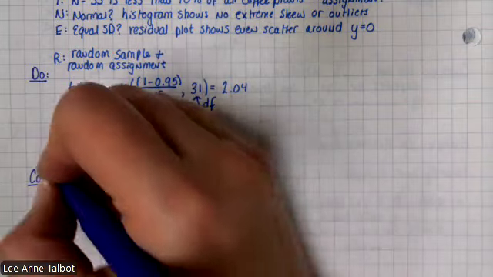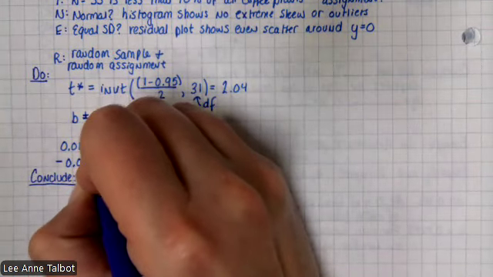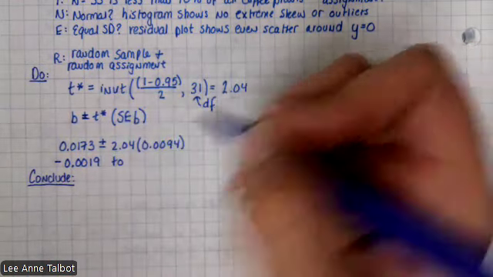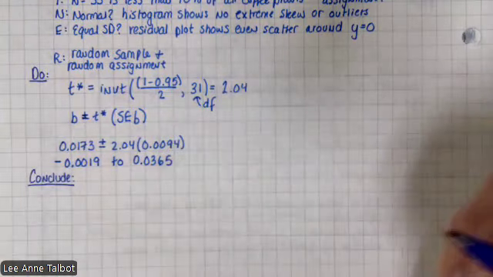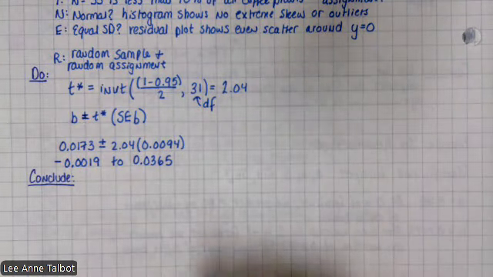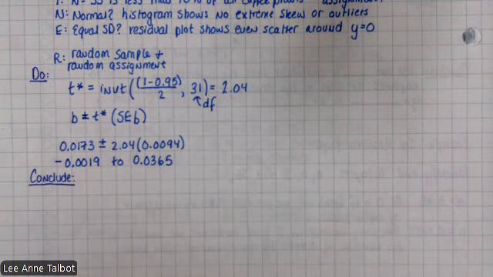Which will come out to negative 0.00192 and 0.0365. You guys all know how I did that? I multiplied these and then I did the plus and the minus. Okay.